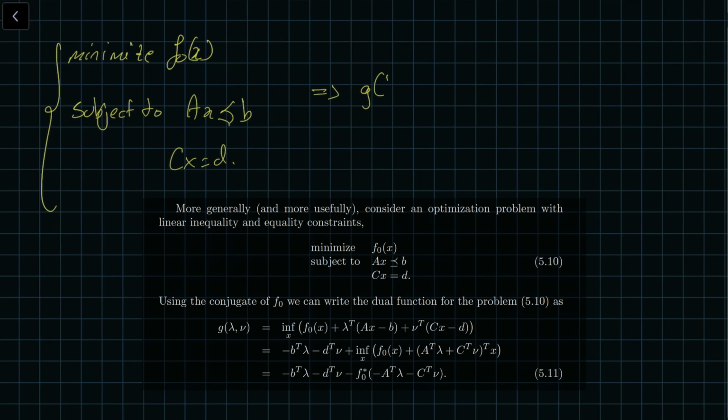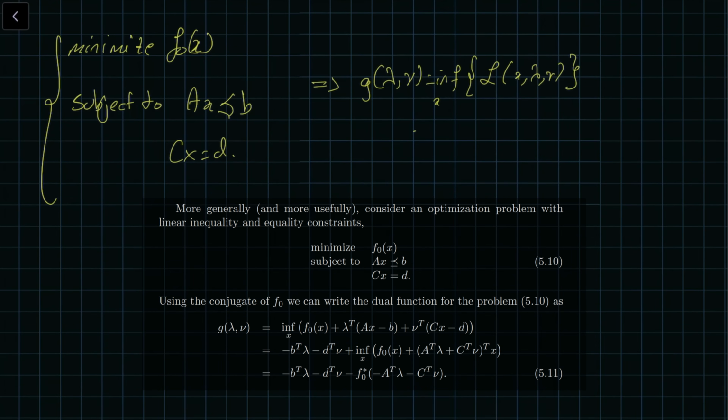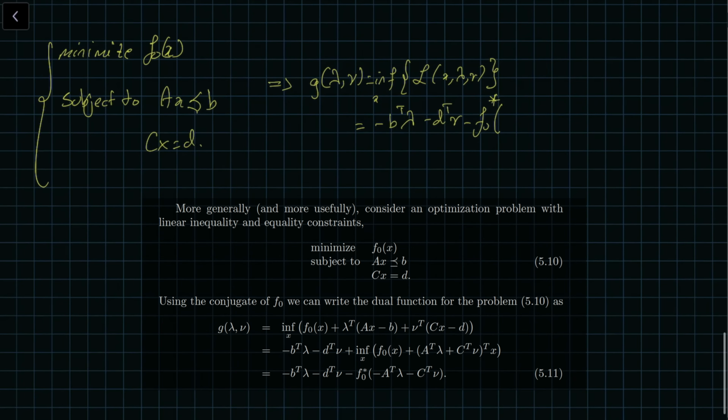Then my Lagrangian dual function, which is the infimum of the Lagrangian of the problem over x, so it's the infimum of L(x, lambda, nu), we can actually show that this is minus b transpose lambda minus d transpose nu minus f0 conjugate, the conjugate function of the cost function that we have, of minus A transpose lambda minus C transpose nu.